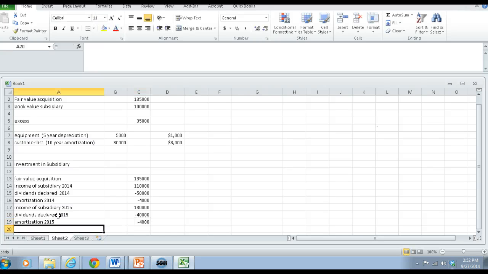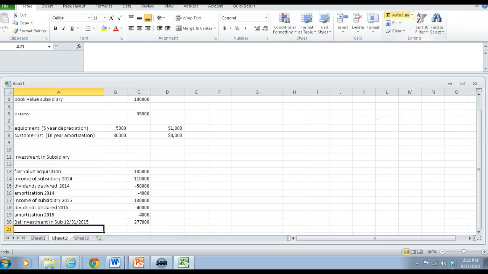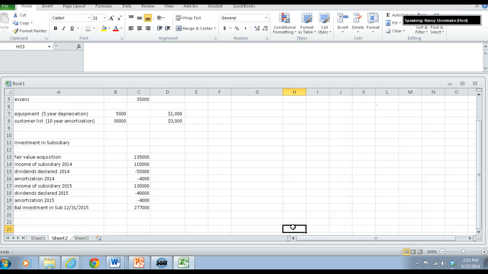So the balance in the investment in the sub as of 2015 would be 277,000. So we're basically taking the consideration, adding the income, subtracting the dividends, and recording the amortization to show our investment.